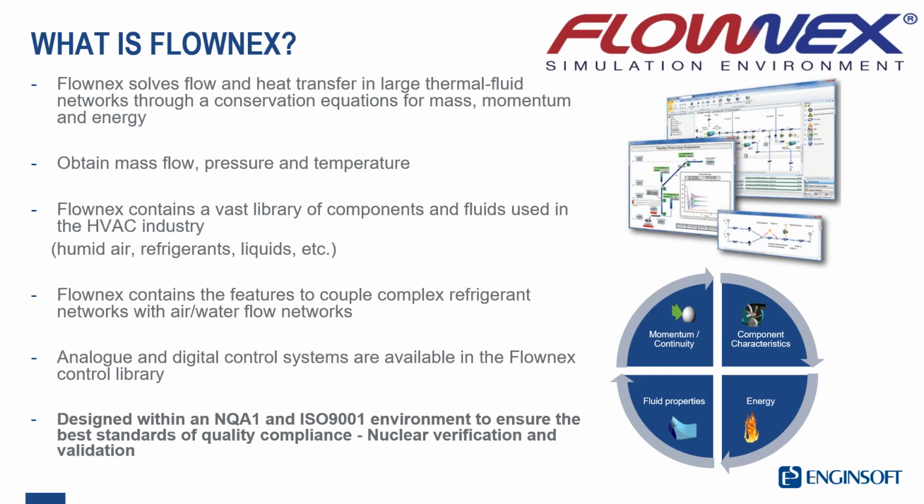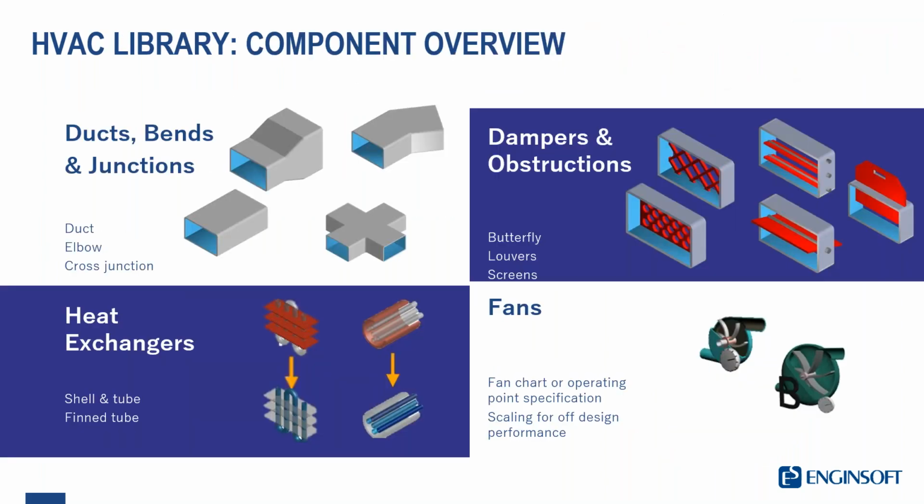So it's a state of the art standard for this kind of software. So let's have a look at the HVAC library in detail. We have special components that are really common in this kind of problem. So we have ducts, vents, and junctions that are already developed for the different shapes of the channel.